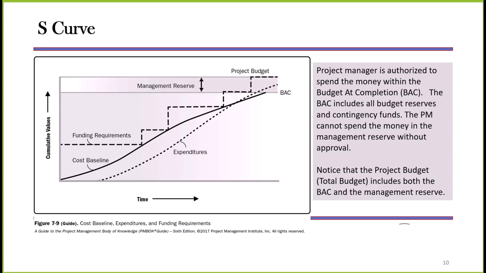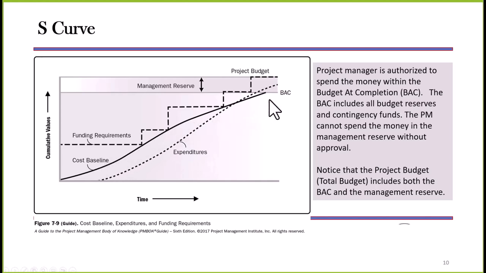You may have seen this before. This is an S-curve. And an S-curve kind of lays out where we're going to be spending the money. Our budget is always time phased to the schedule. And if you look at this really very critically, you can see that there's a slight S here.